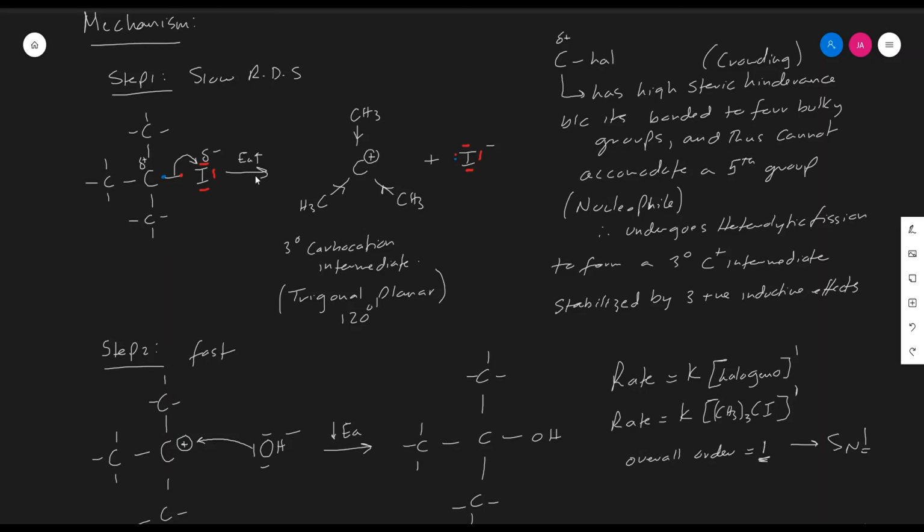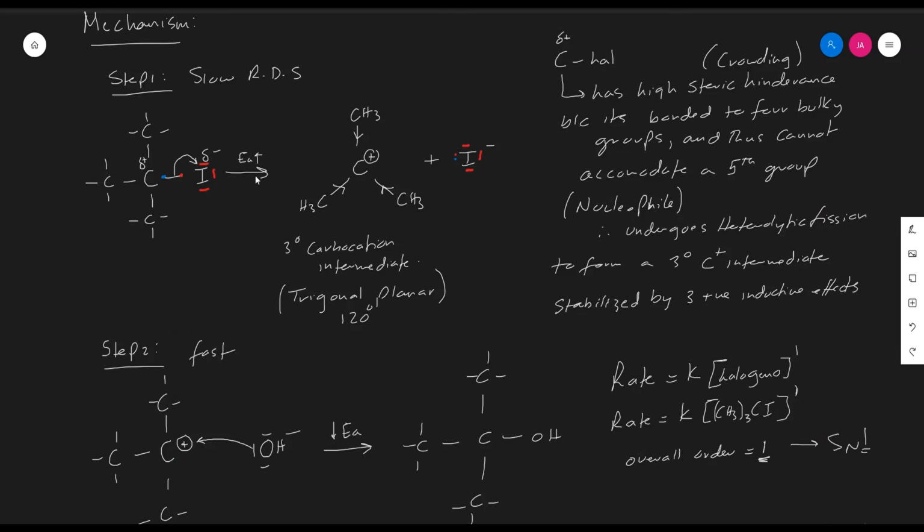Therefore, if in an exam a student is asked to explain why halogenoalkanes undergo SN1 or SN2, a student should mention steric hindrance as well as the stability of the carbocation that would form if it were to go through heterolytic fission.